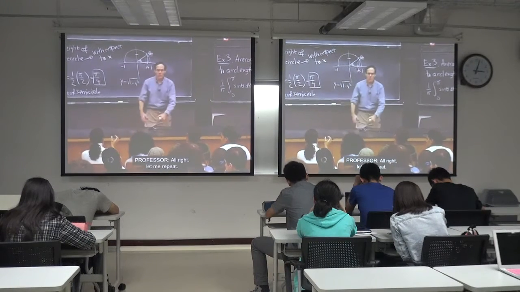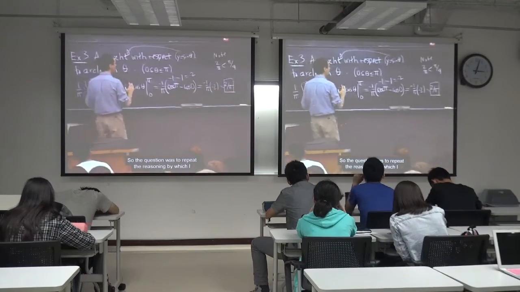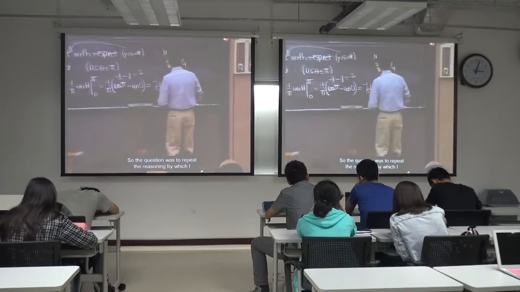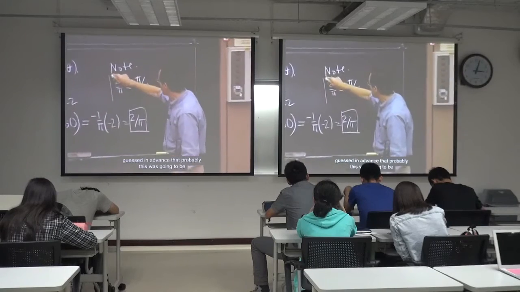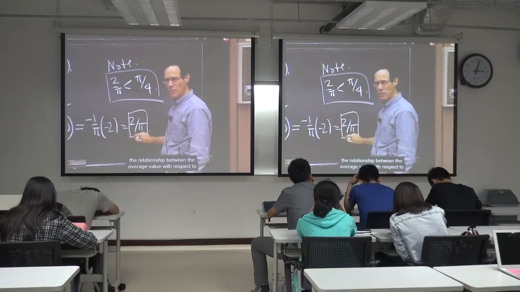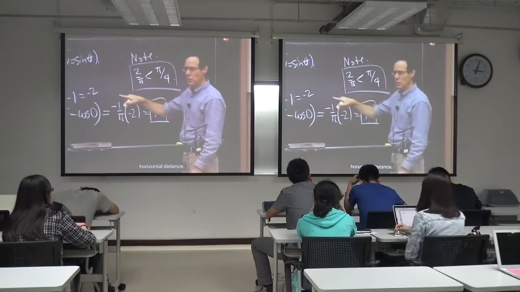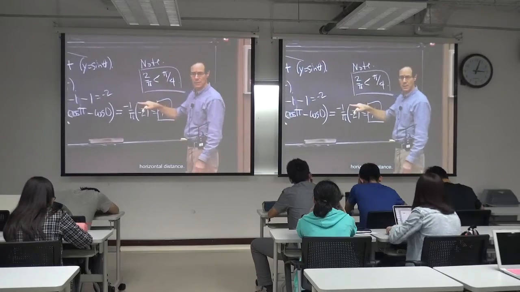All right, let me repeat. The question was to repeat the reasoning by which I guessed in advance that probably this was going to be the relationship between the average value with respect to arc length versus the average value with respect to this horizontal distance.